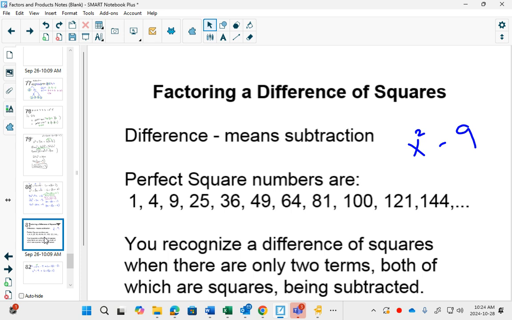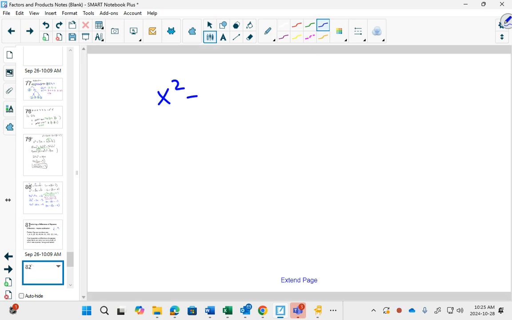So you recognize a difference of squares when there are only 2 terms, both of which are squares, being subtracted. So again, if I do another one, x squared minus, let's pick one I feel like today. Should we go really high, like 144?